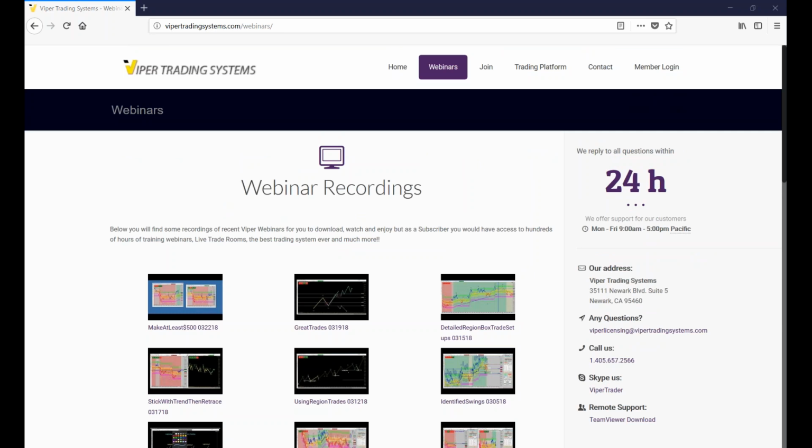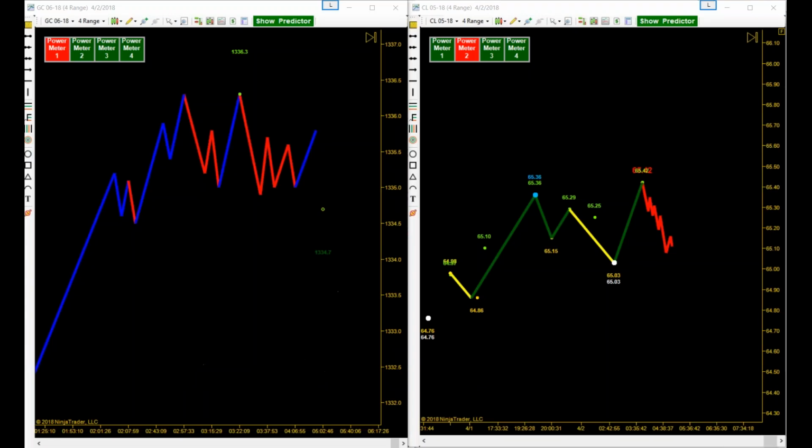What I want to show you first is what I like to personally do, which is to look at my charts. If you get to where you can see your charts like this without actually having to pull up this particular template, then you're doing really good. You need to be able to see these swings, cut out all the noise, so to speak, and just look at these swings and decide how you would actually take a trade.